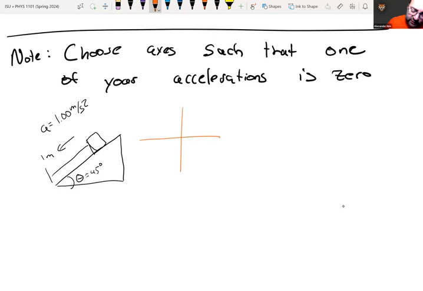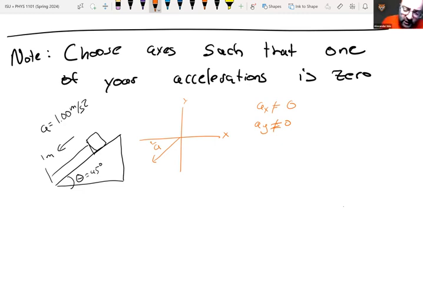Because if you set up your Y and your X normally, you'll have an acceleration in that direction. So a sub x will not be equal to 0, and a sub y will not be equal to 0. This is not helpful. Doesn't come up in this chapter, but it will come up when we start analyzing forces. It is very unhelpful to have accelerations in both directions.